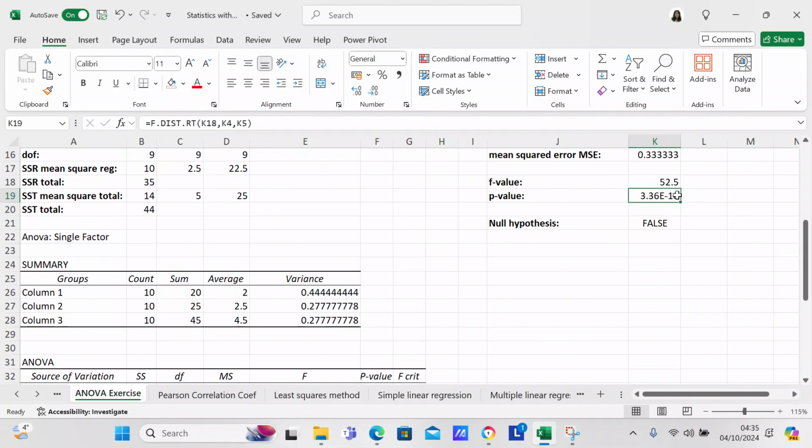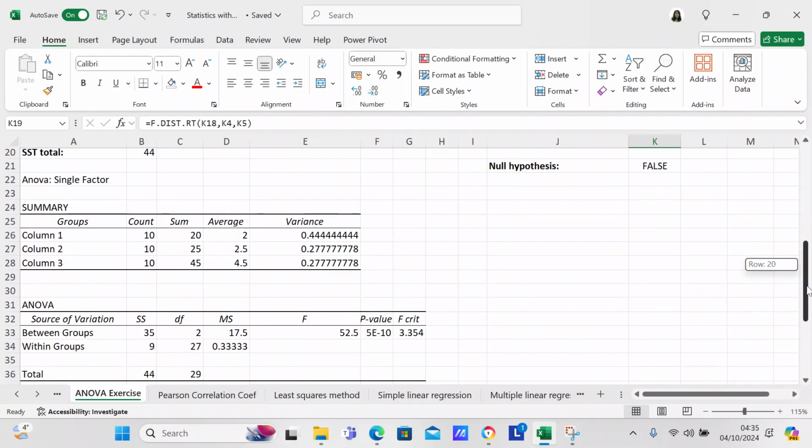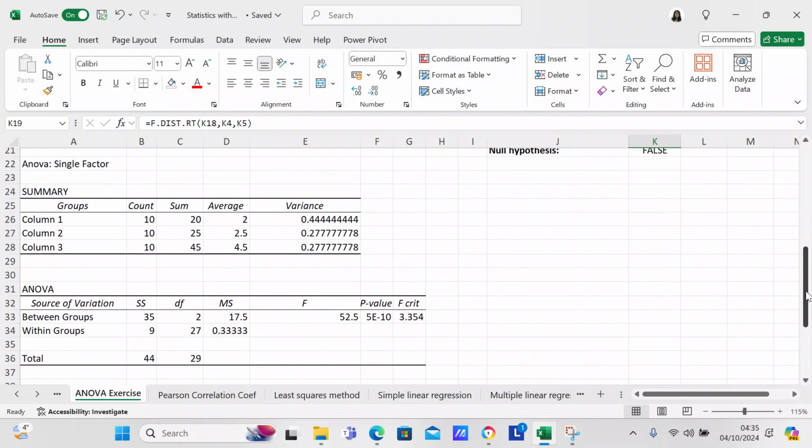But both of the p-values, the one I calculated and the one the computer calculated, were very low. So the null hypothesis is going to be rejected anyway.